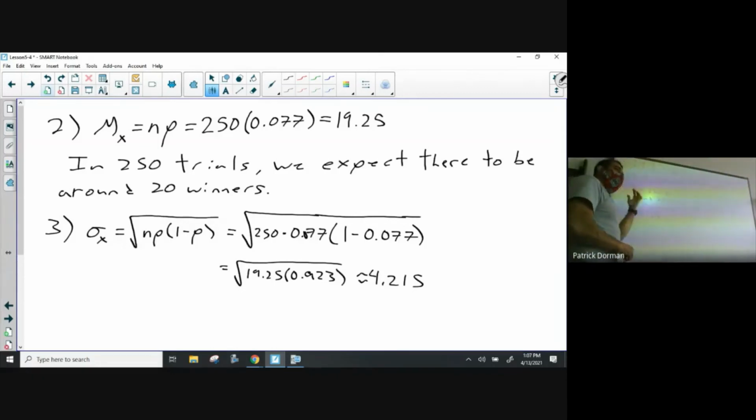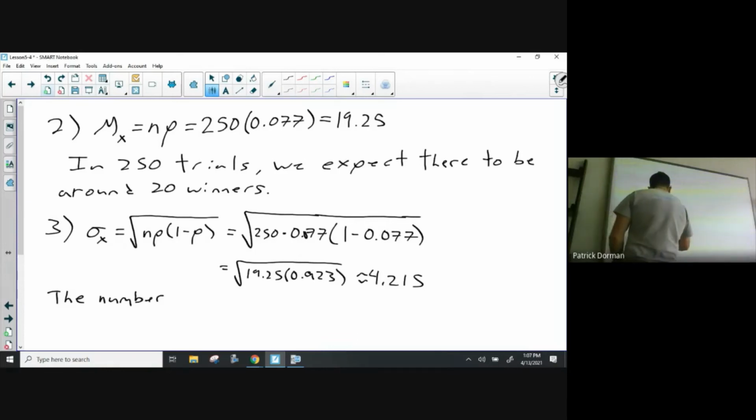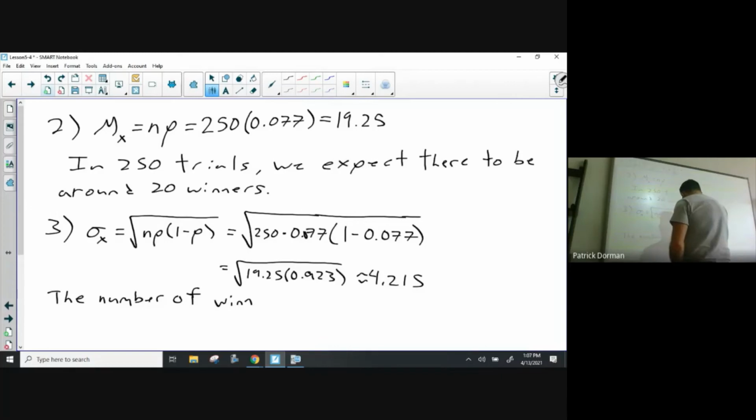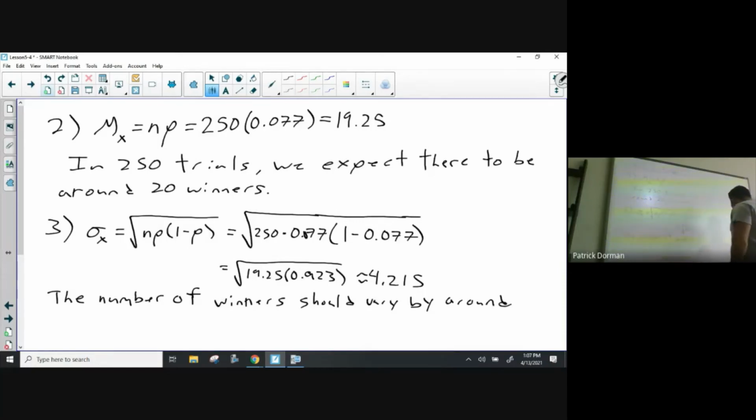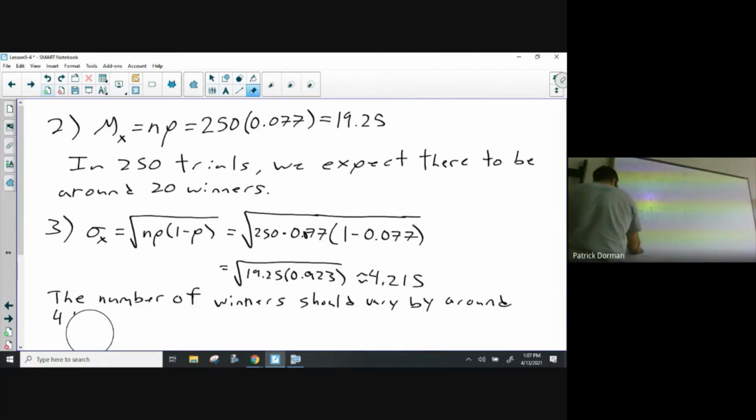So the number of winners should vary on average by 4.215 winners. That's how we interpret that.